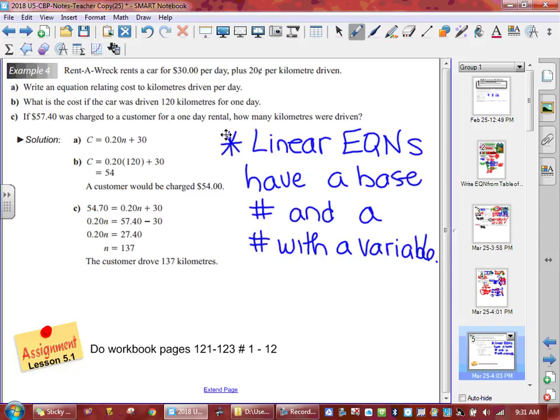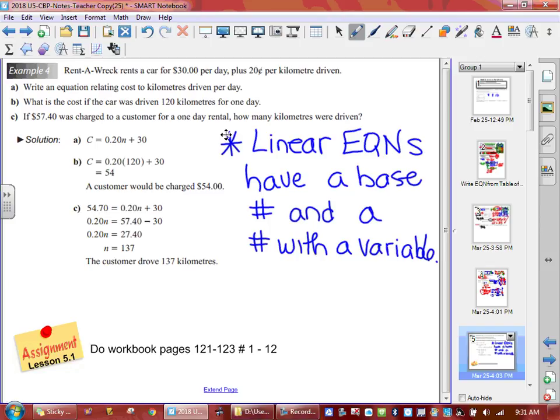So we're going to look at the very first one. It says, Rent-A-Wreck rents cars for $30 a day plus 20 cents for every kilometer they drive. So your base cost is how much you have to pay per day. Okay? That's your base cost. Then you have to drive and you get charged per kilometer.